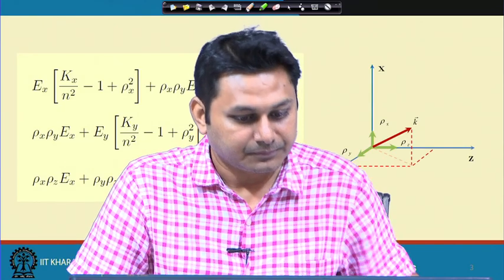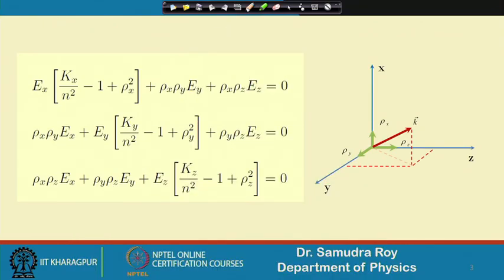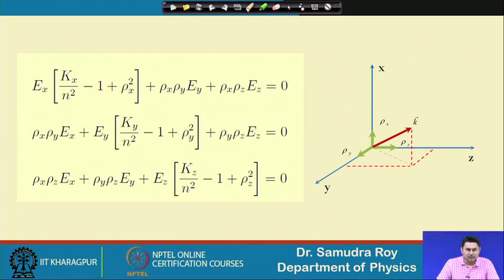Okay. So, this is the very old equation. We have used this equation earlier. Since this equation is very important, I thought I should again give you the picture of what is going on. If the k vector is launched in a particular direction where the direction cosines are rho x, rho y, rho z, given in the green line here, then from Maxwell's equation we have the relationship between E and rho and k like this.